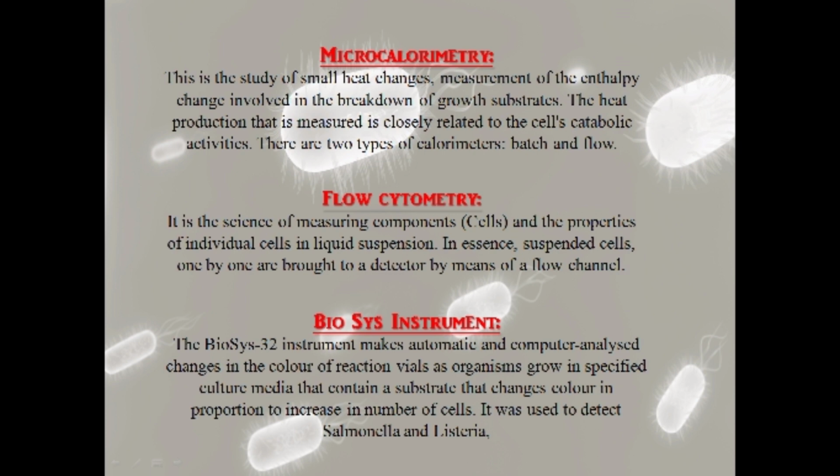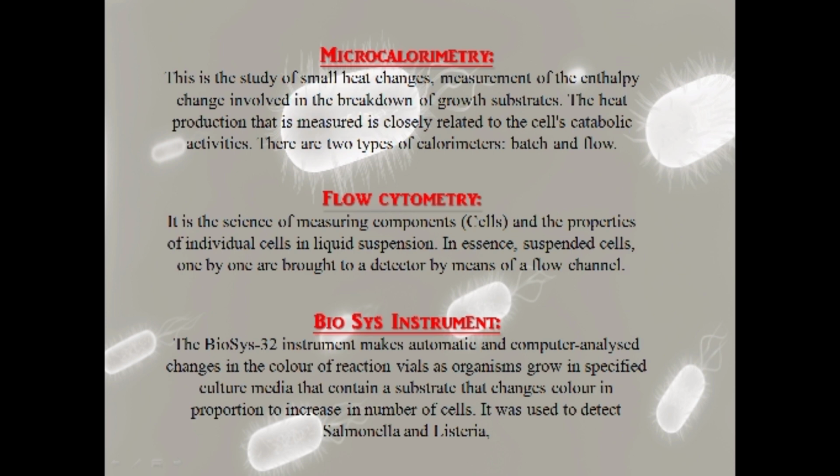Microcalorimetry. This is the study of small heat changes, measurement of the enthalpy change involved in the breakdown of growth substrate. The heat production of this measurement is closely related to the cell's catabolic activities. Secondly, flow cytometry. It is the science of measuring components and properties of individual cells in liquid suspension. Thirdly, the Biosys instrument.